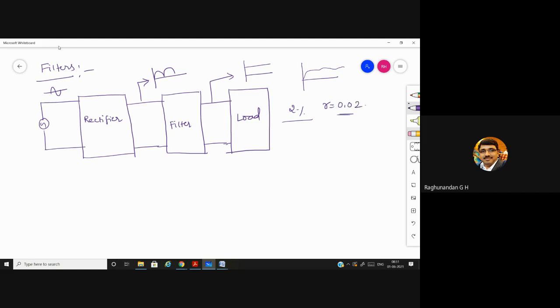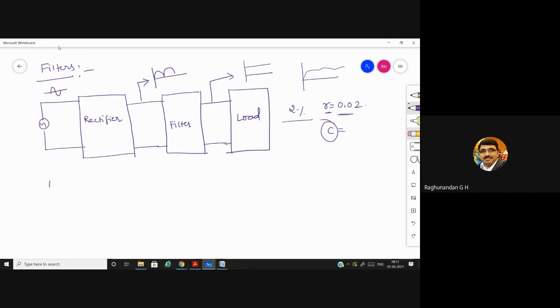Considering the ripple value as 0.02, we are going to find the capacitor value. Based upon your ripple value, you calculate the capacitor value. This is how the filter circuits will be designed. We will derive an equation for the capacitor filter in the upcoming topic. So this is how filters work.